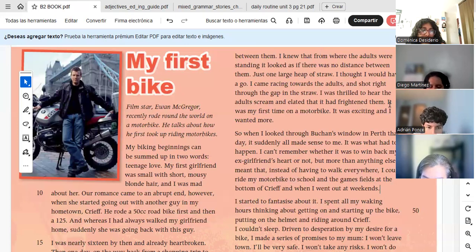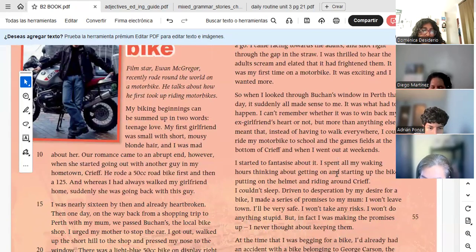It was my first time on a motorbike. It was exciting, and I wanted more. So when I looked through the bookend window in that date, it suddenly all made sense to me. It was what had to happen. I can't remember whether it was to win back my ex-girlfriend or not.